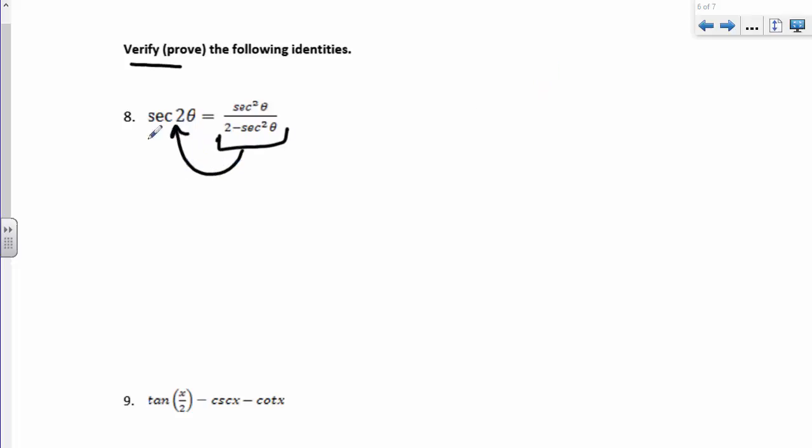Okay? I know that secant 2 theta, I'm going to go ahead and tell you right now, I want you to see this. Secant 2 theta, guys, is the same thing as 1 over cosine 2 theta. Secant is a reciprocal function.